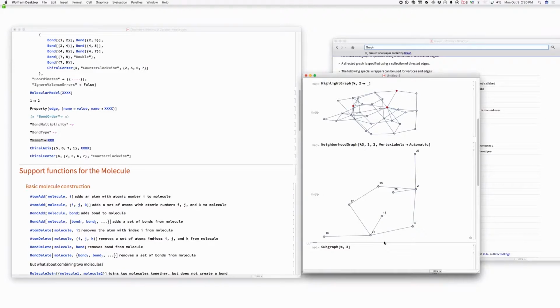Okay. So what would be the analog of neighborhood graph? Is that the relevant thing? I'm still kind of confused here, because what we're going to want to do in the chemical case, what you're basically saying is, I want to take a subgraph and I want to replace it with another subgraph. Is that correct? Yeah. So that to me still sounds like a separate thing than just the base bond, adding bonds, adding atoms.